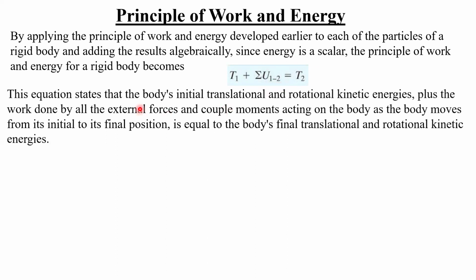This equation states that the body's initial translational and rotational kinetic energies plus the work done by all the external forces and couple moments acting on the body as the body moves from its initial to its final position is equal to the body's final translational and rotational kinetic energies.